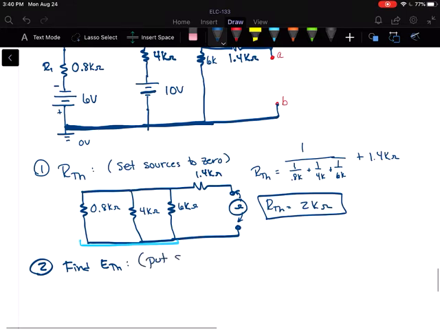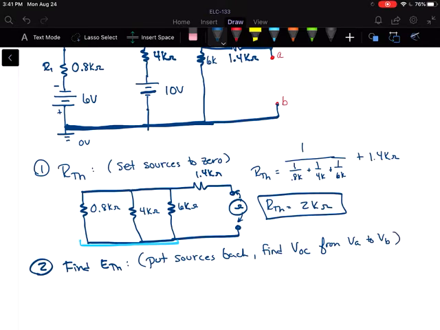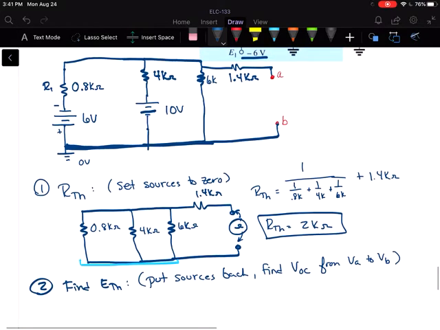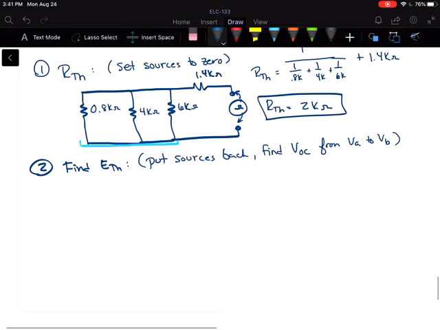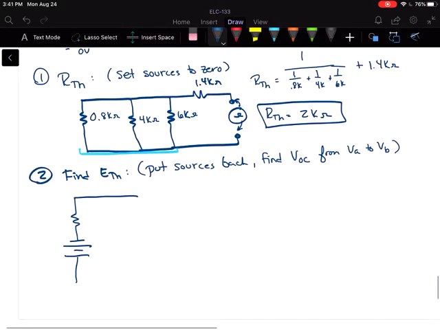So put sources back and find V open circuit from VA to VB. So basically we're taking VA and subtracting VB, whatever those end up being. I'm just going to redraw my circuit again really quickly here. And what do we have there? 4K into 10.